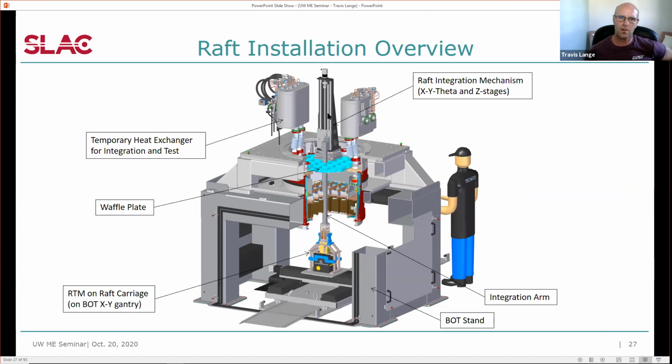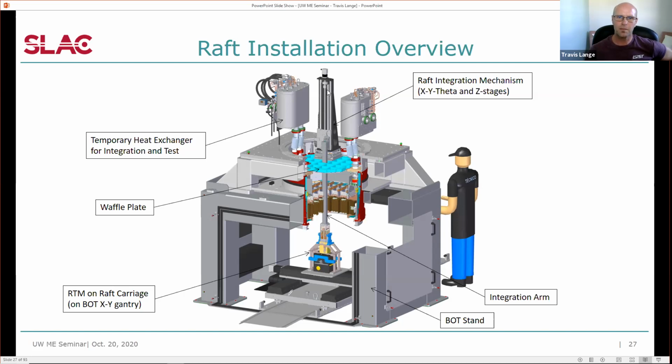There's a long draw vertical stage that holds this big carbon fiber arm that goes down all the way through the cryostat and attaches to the Raft tower module, which is shown here with a frame that's supporting the Raft tower module. So we lower this arm through, we attach it to the Raft tower module, take the frame support off, and now the thing is free to raise up into the cryostat.